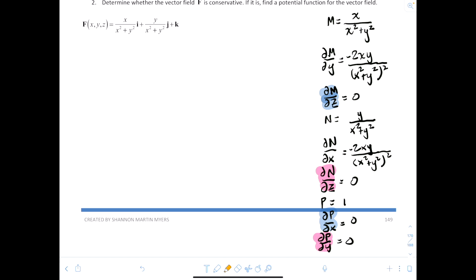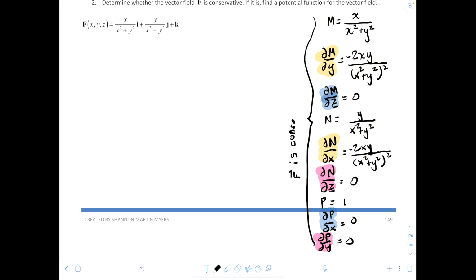We have the first partial of M with respect to y equal to the first partial of N with respect to x. So we're good to go because of these equivalencies. We can say that F is conservative.